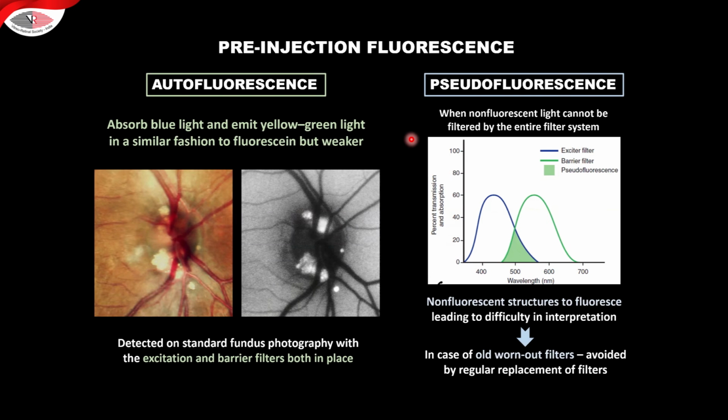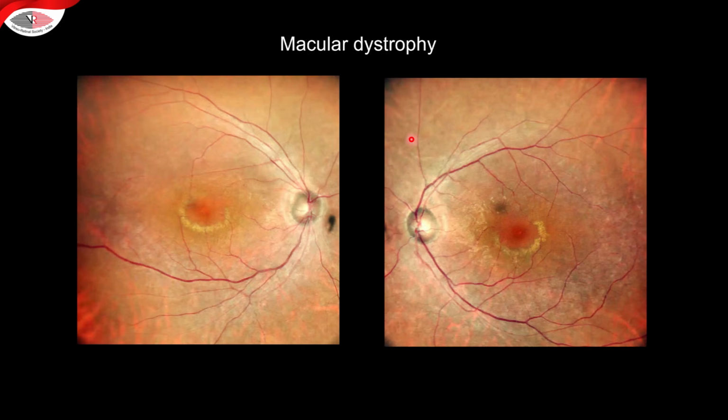While pseudofluorescence is a mismatch of filters, and you may see this if there is a filter mismatch which has occurred. So if you are using a white light based camera, this is something which could happen. It happens sometimes with old worn out filters, and it can cause that. But most of the SLO based cameras do not have this issue at all.